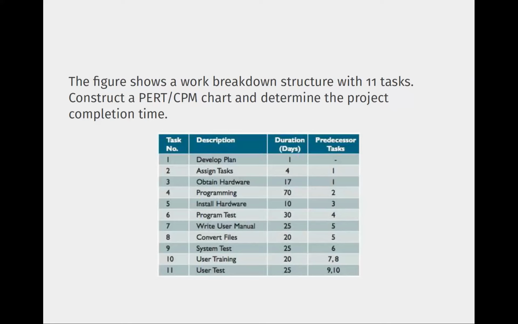We discussed how we could find out the time it takes to complete a particular task, and then how to put it into a chart, like a Gantt chart. In this particular case, we have given an example, and you are supposed to work on this. And then finally we discussed the critical path, or the total time it will take for a project.